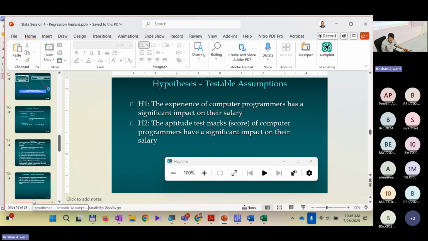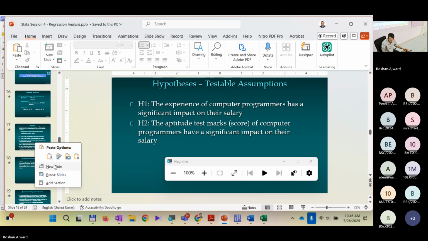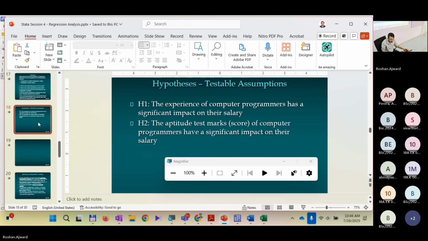Now the question is, write down these two hypotheses before you even collect data. The two hypotheses indicate that the independent variable is having an impact on the dependent variable.